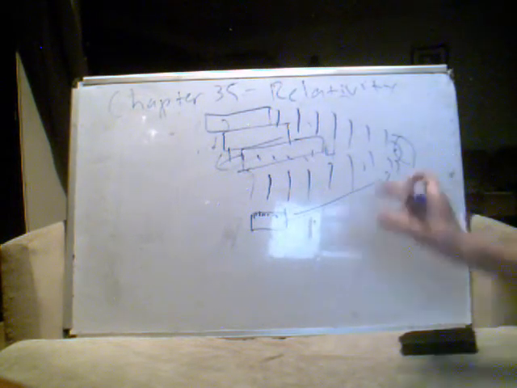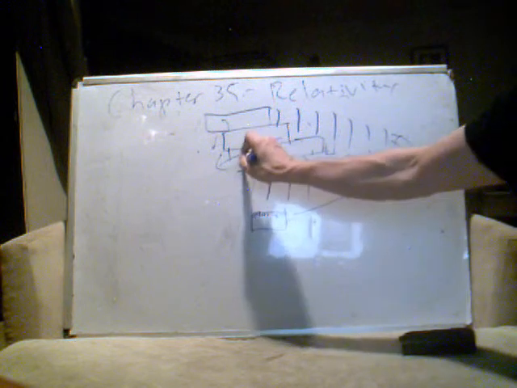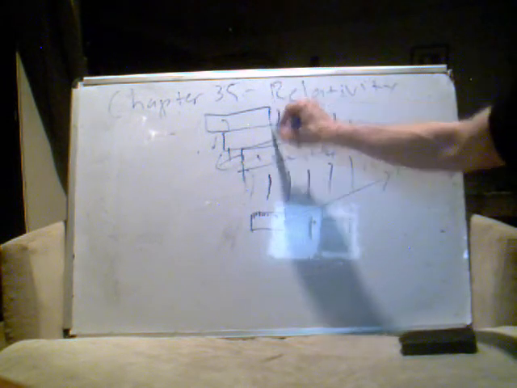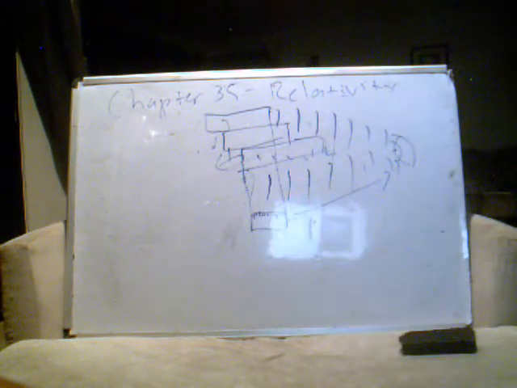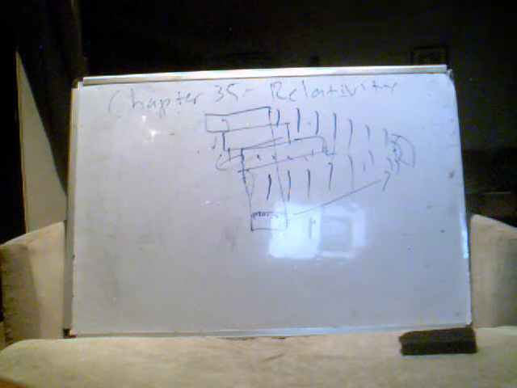That's what you're actually going to see: the front from some earlier point in time and the back from some later point in time. We call this length contraction.